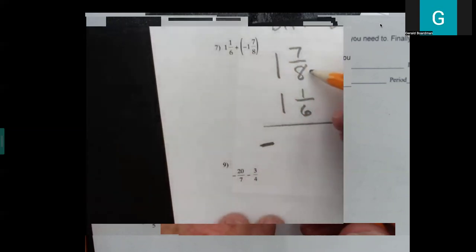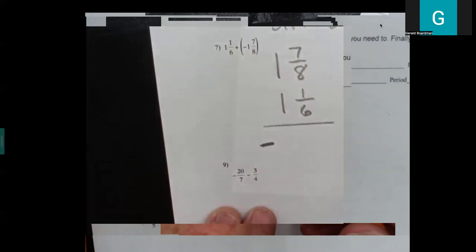Now I do the exact same thing. I could say 6 times 8 is 48, but there's actually a smaller number that I could use. 8, 16, 24. Wait a minute. 6 times 4 is 24. So 24 becomes our common denominator.